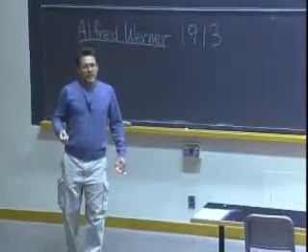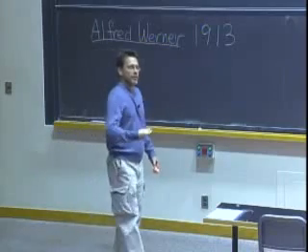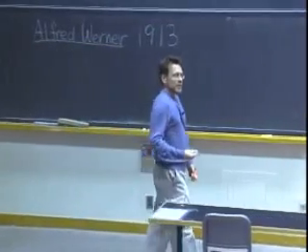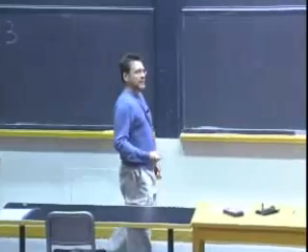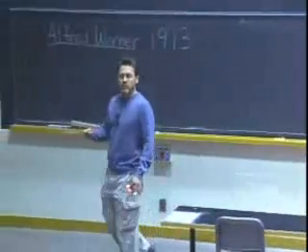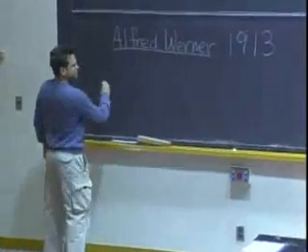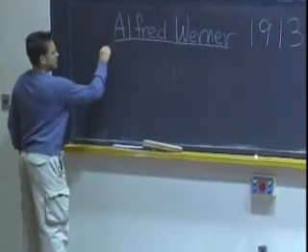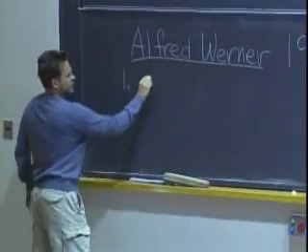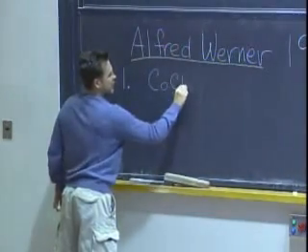And he won this prize based on a theory that he developed stemming from observations he made regarding reactions of metal salts with various substances. And I'm going to point out initially here that he studied the reaction of cobalt-3 chloride.